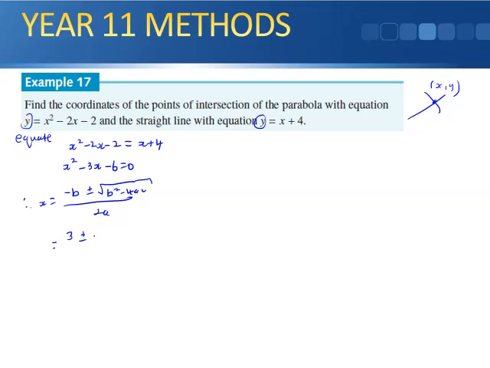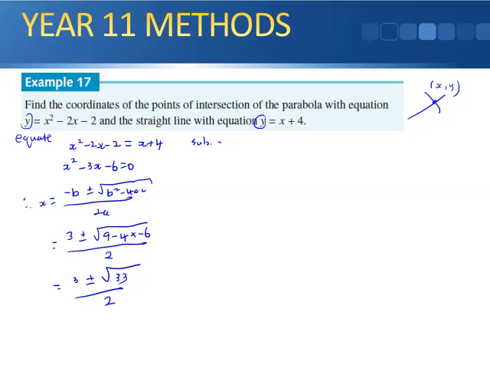If I get 3 here plus or minus the square root of 9 minus 4, a is 1 and c is minus 6, all divided by 2 times 1 is 2. So I get 3 plus or minus the square root, this becomes 33, all over 2. And then I'll need to find the y.